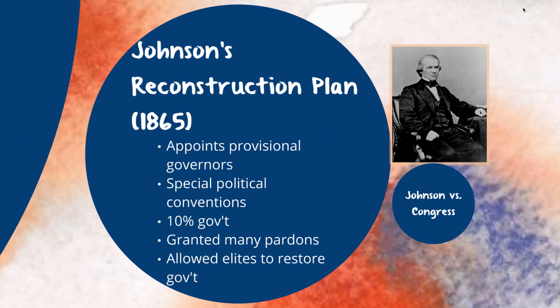So when Lincoln is killed, his vice president is going to take over. His vice president is Andrew Johnson. Now, Andrew Johnson was a Democrat. If you know anything about Andrew Johnson, he grew up relatively poor.